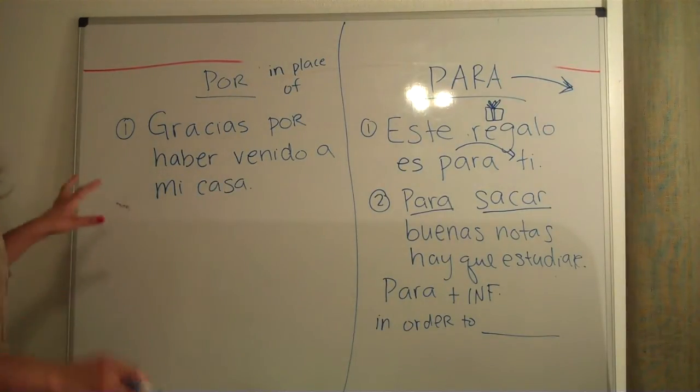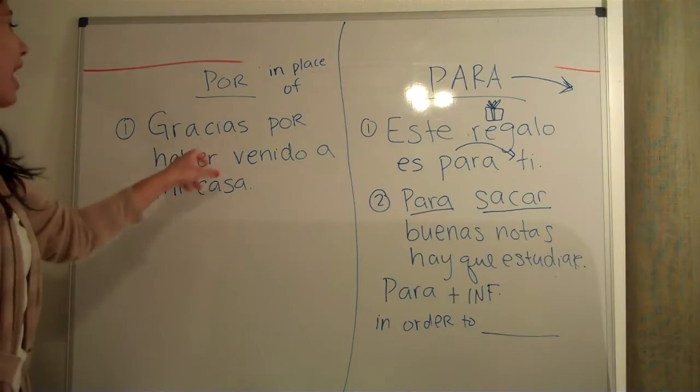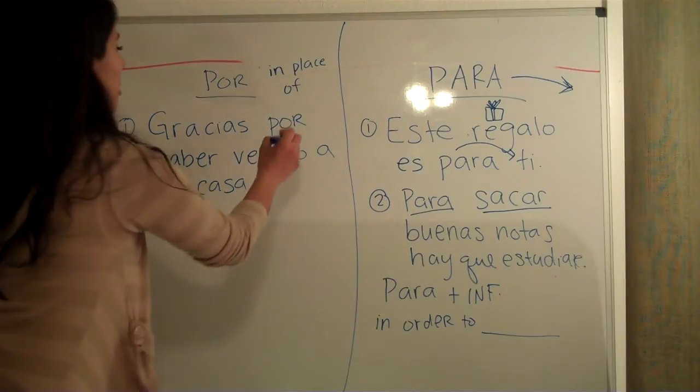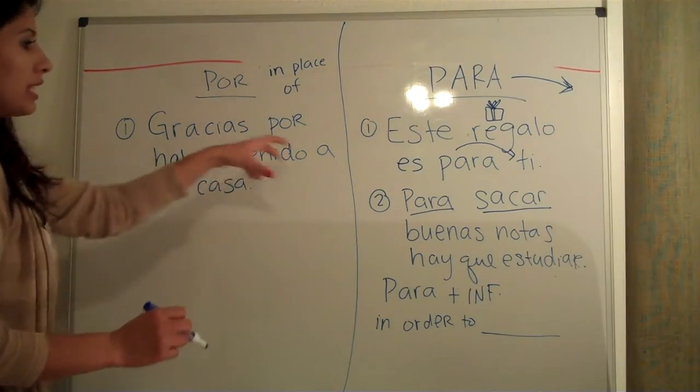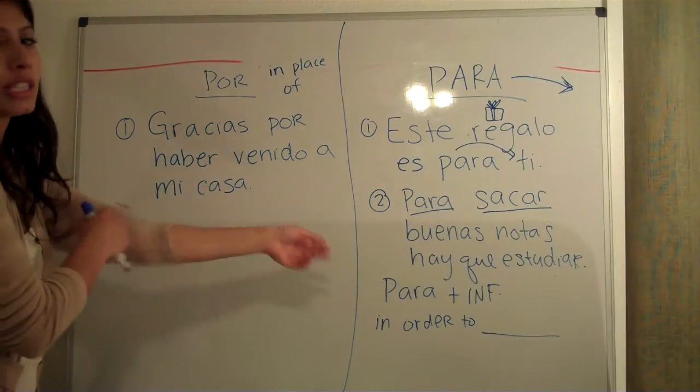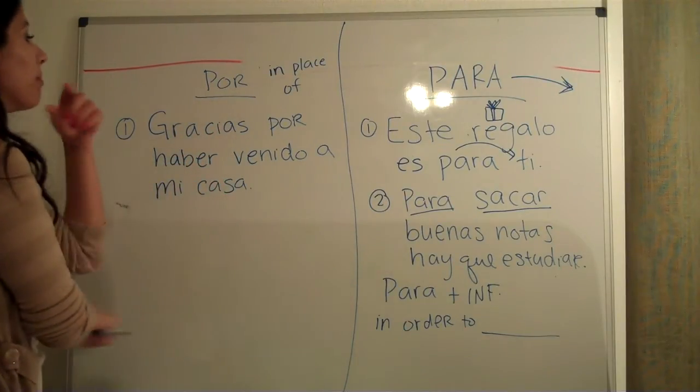So a few things I want to explain with this. Gracias por haber venido a mi casa. Thank you for having come to my house. Okay? This obviously is the preposition, and this is the infinitive. It's different. It doesn't mean thank you in order to come to my house. No, thank you for having come.